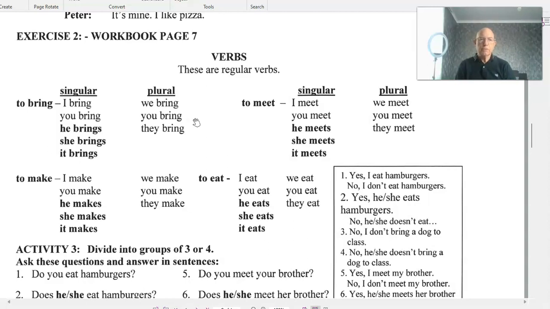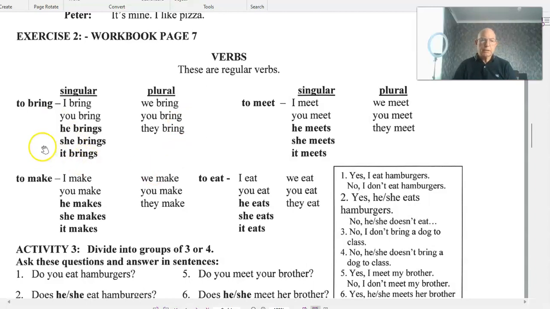It's not a regular verb, and it has a kind of weird past tense conjugation. The next verb they have here is to meet. Using the pronouns, singular: I meet, you meet, he meets, she meets, it meets. In plural: we meet, you meet, they meet.